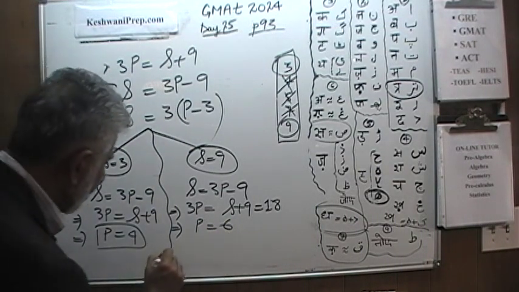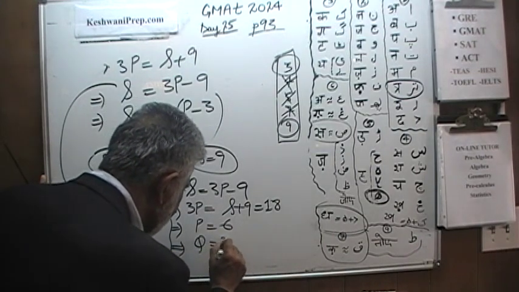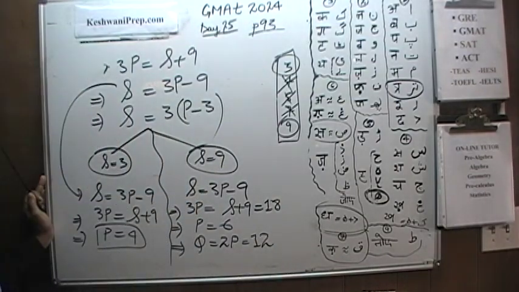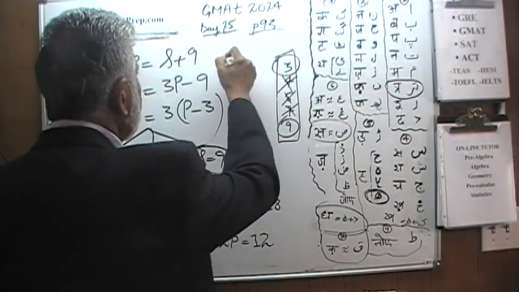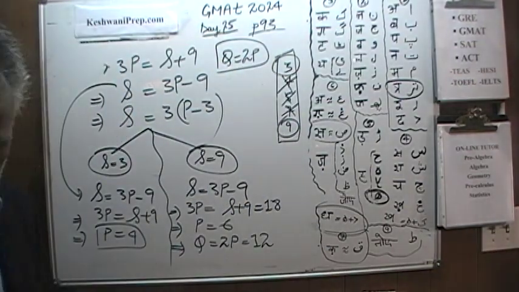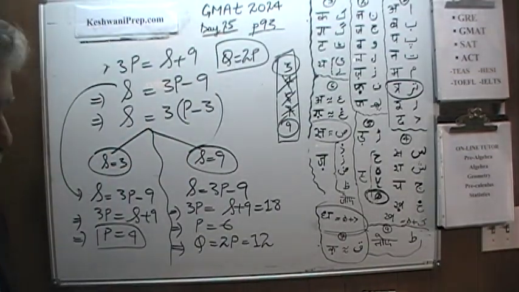But here's the problem. If that is true, then q, which we are told is 2 times p, would have to be equal to 12. I erased it, but we were told that q is equal to 2p. That was a very important bit of information. And that does not work. How can q be 12?